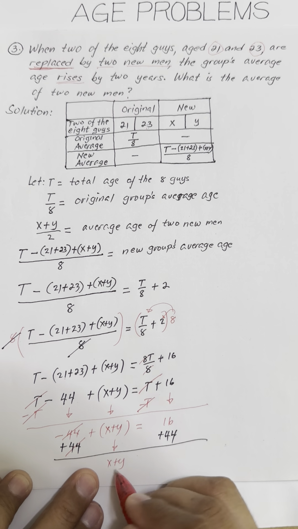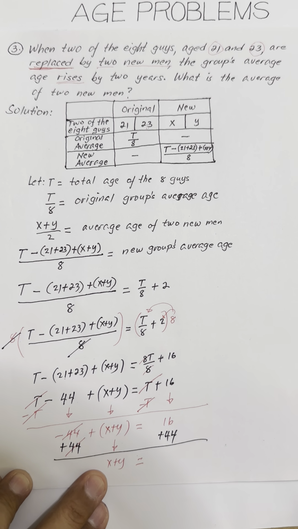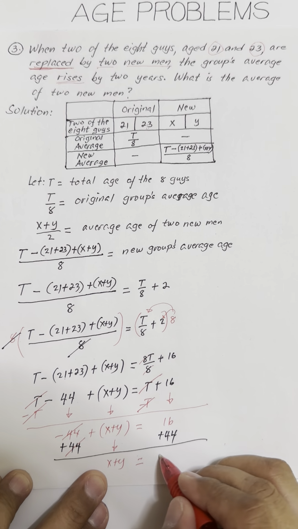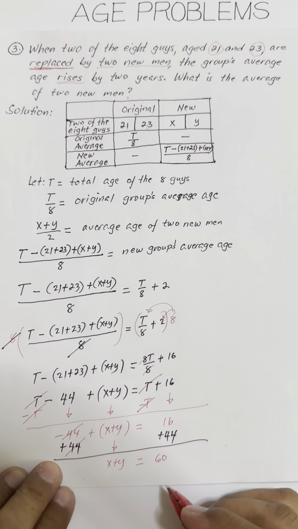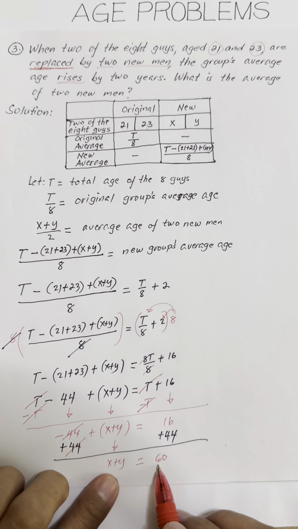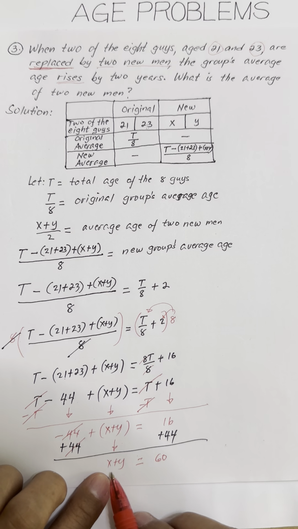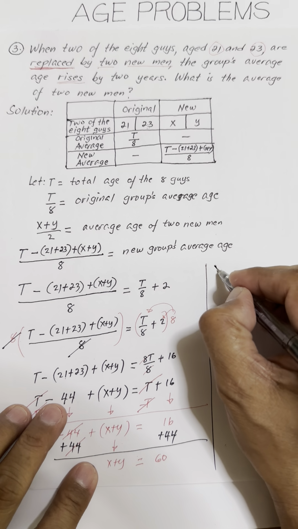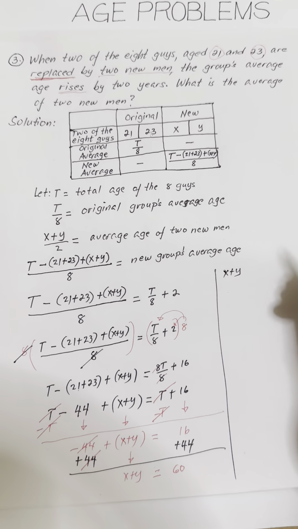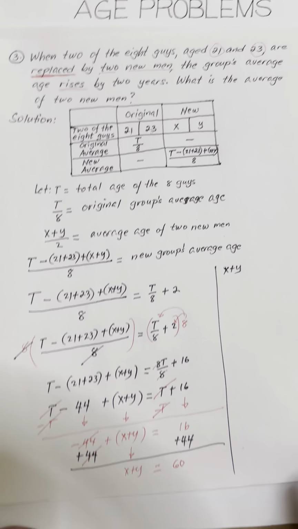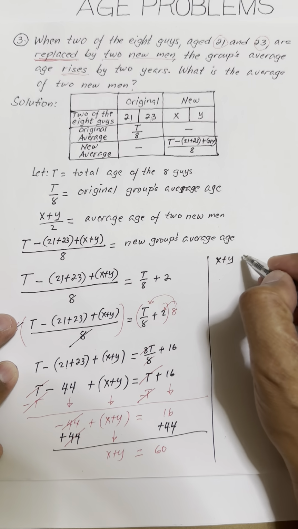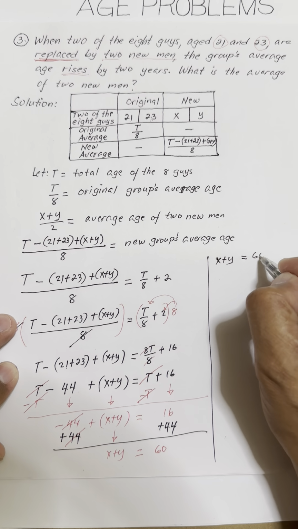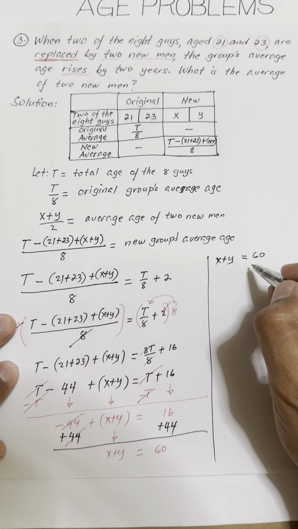So x plus y equals 16 plus 44, which is 60. We have now solved the total age of the two new men, x plus y, and we are asked to solve for the average. So x plus y equals 60.